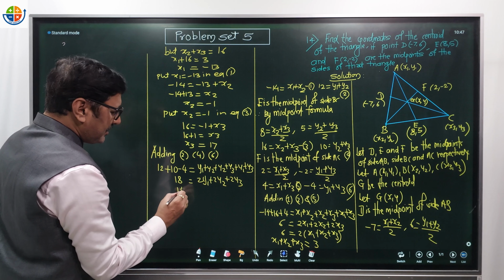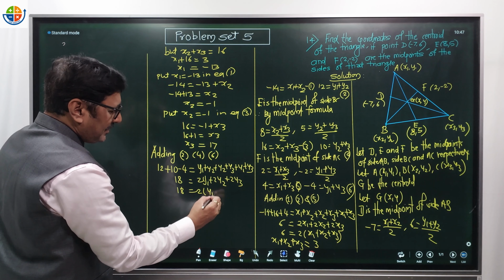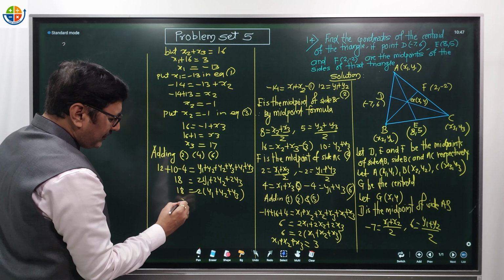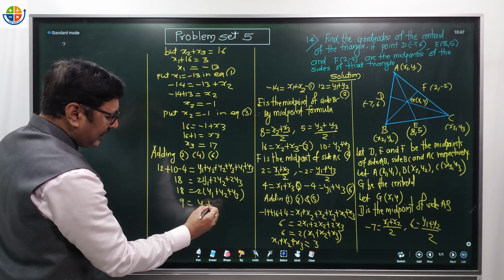Take 2 common, students. y1 plus y2 plus y3. Dividing by 2, you will get 9 is equal to y1 plus y2 plus y3.